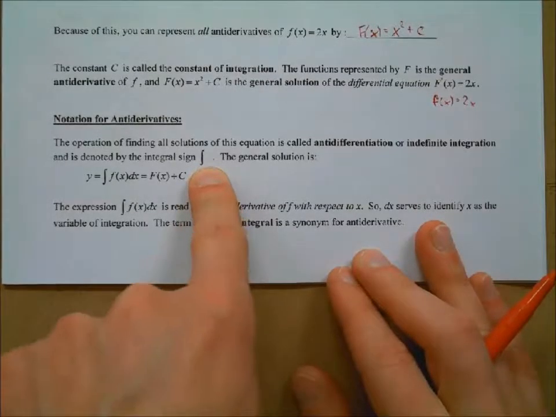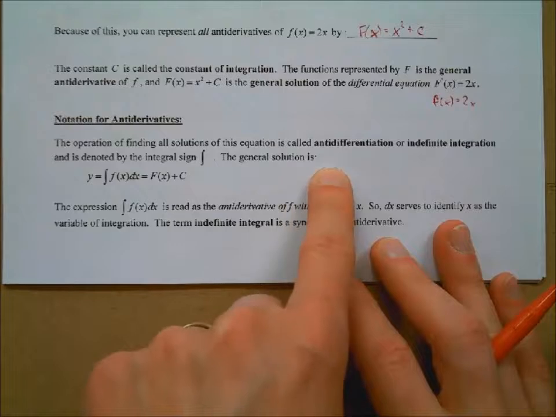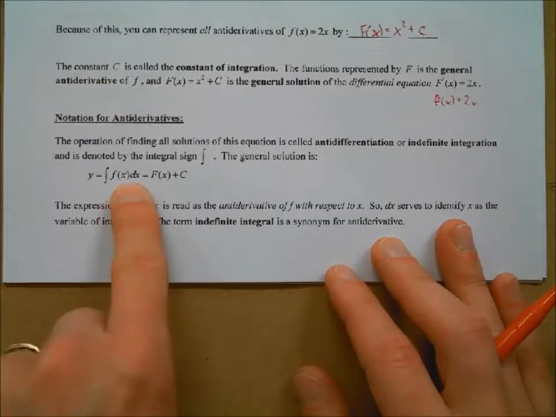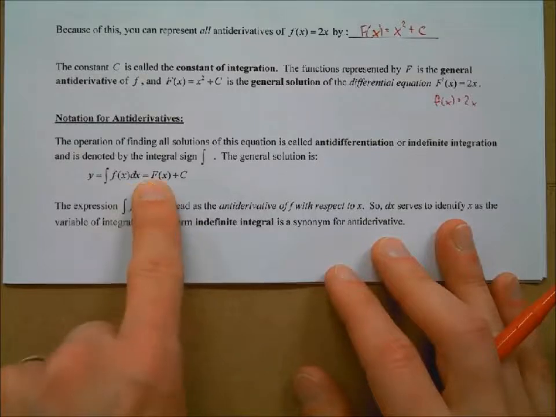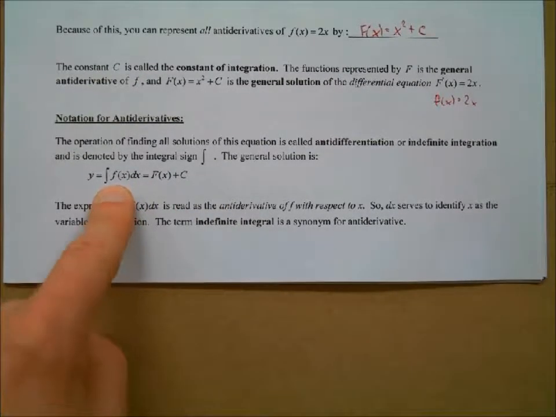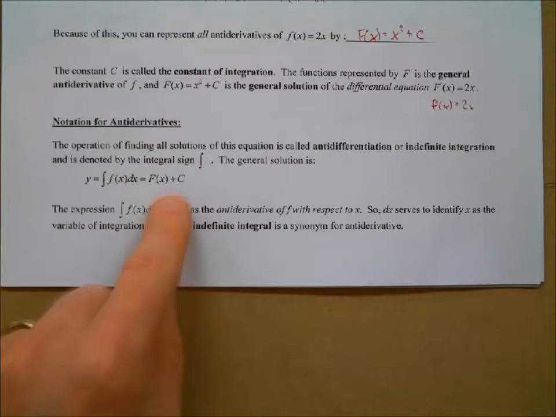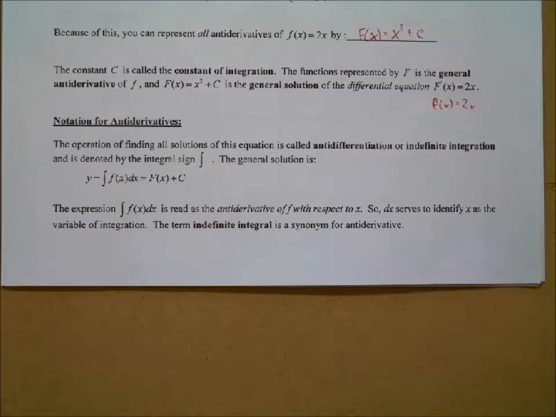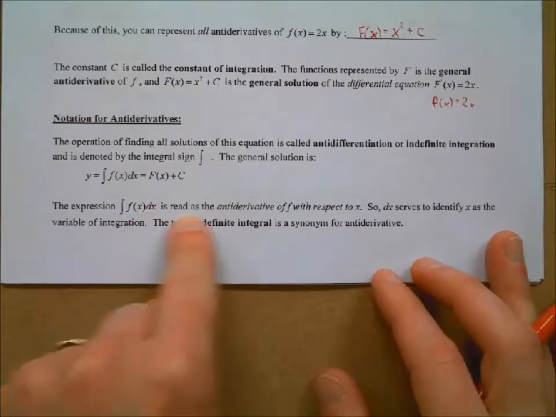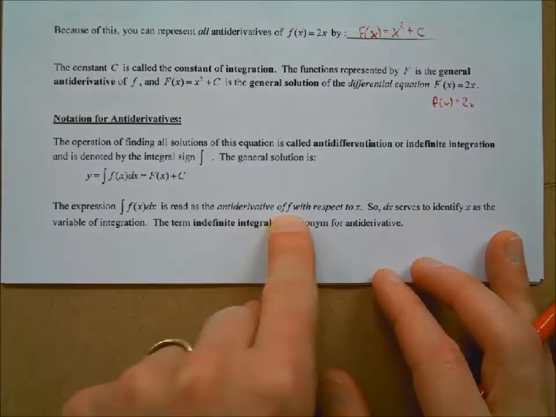The general solution is, when we integrate f of x dx, that is equal to capital F of x plus c. So remember, you can think of f as the derivative of capital F, and then we've got our antiderivative right there. So you integrate a function, you get its antiderivative. The expression integral of f of x dx is read as the antiderivative of f with respect to x.